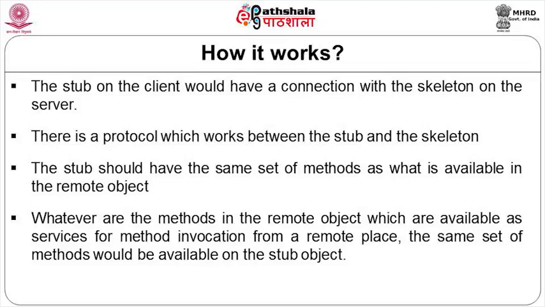Fine. So one thing needed here is, the stub should have the same set of methods as what is available in the remote object. Yes, we'll see how exactly this is going to be achieved, but at this moment what we need to know is, whatever are the methods in the remote object which are available as a service for method invocation from a remote place, the same set of methods would be available on the stub object.